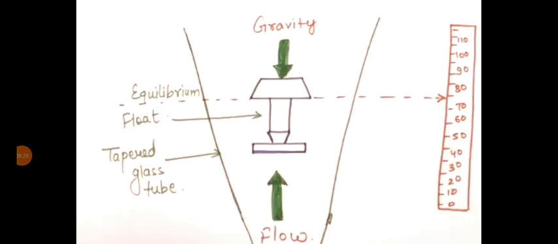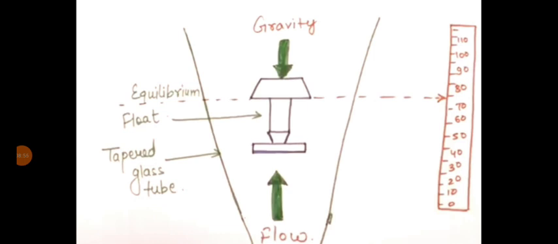So when the liquid or gas passes through the tube, the flow causes the float to rise due to the buoyancy force. One more force acts downwards, that is gravity. Due to gravity, the float is pulled down. So here two forces are acting oppositely. One force is the buoyancy force, and the other acts in the downward direction.